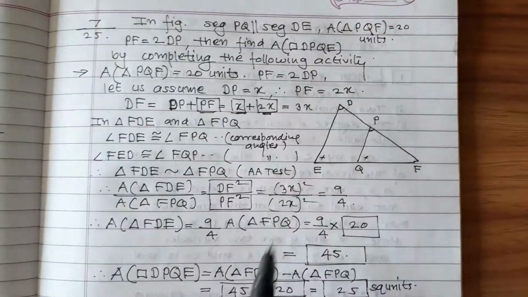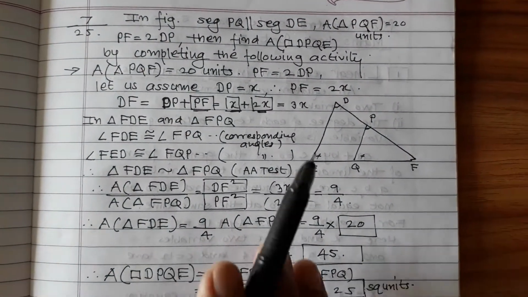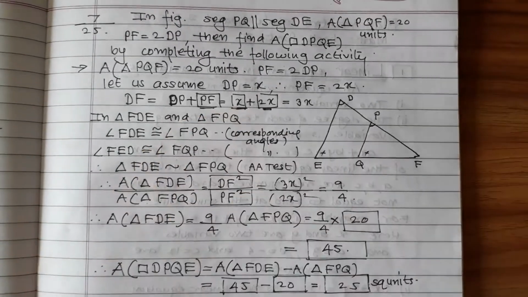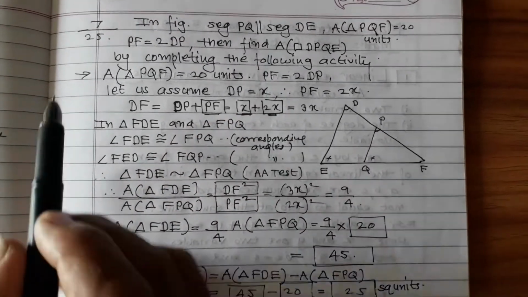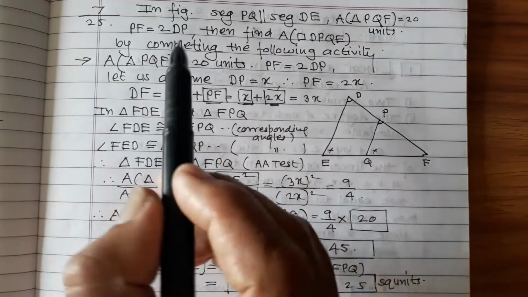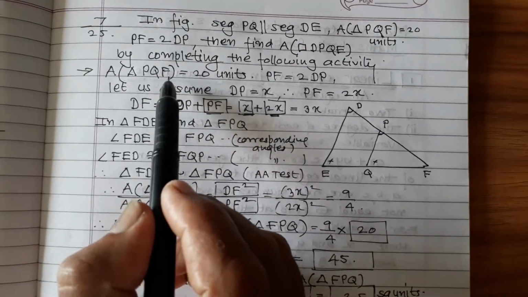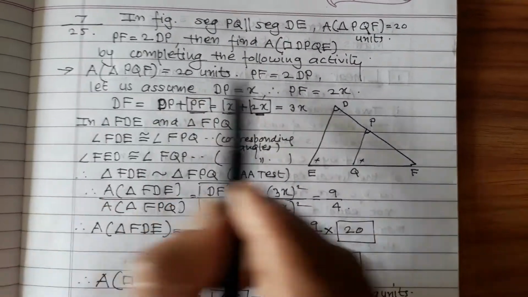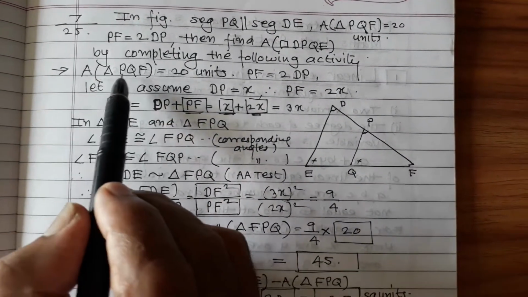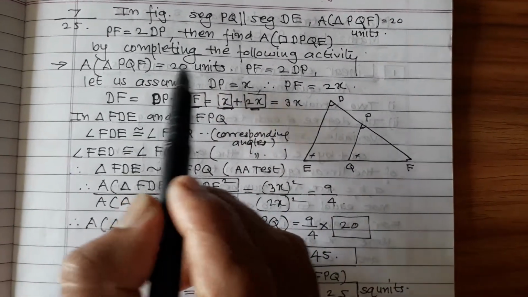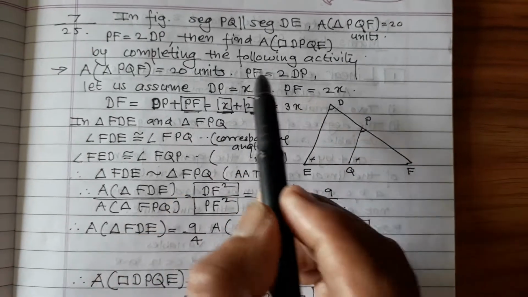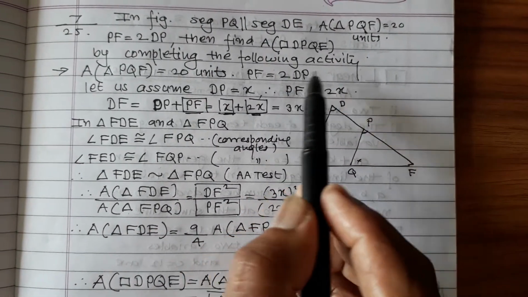Okay, now this is an activity, and you have to fill in the blanks according to what is given here. Now look here, this is the answer. Area of triangle PQF, this is what is given in your book. Area of triangle PQF is equal to 20 units. PF is equal to 2 DP.